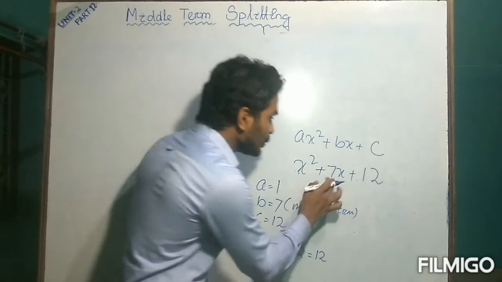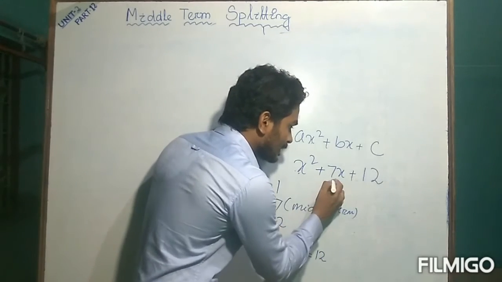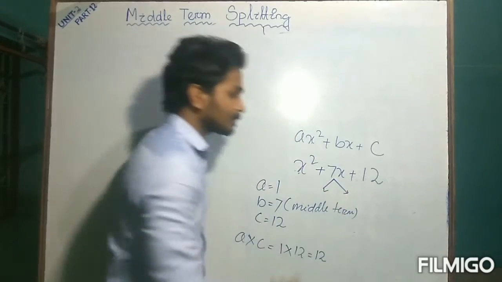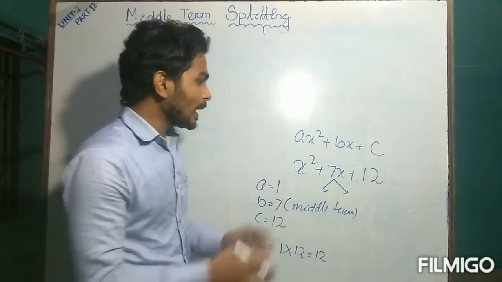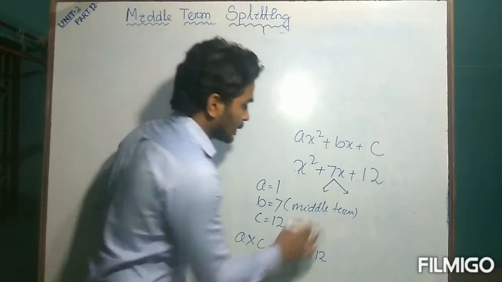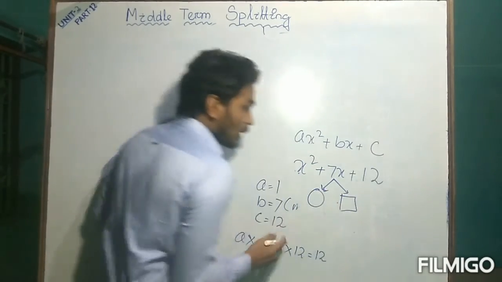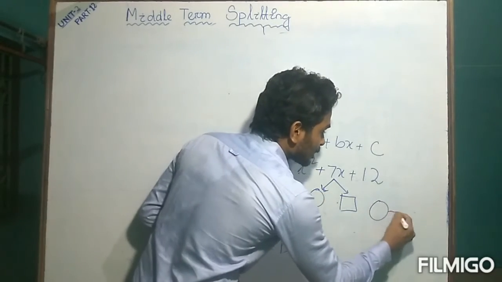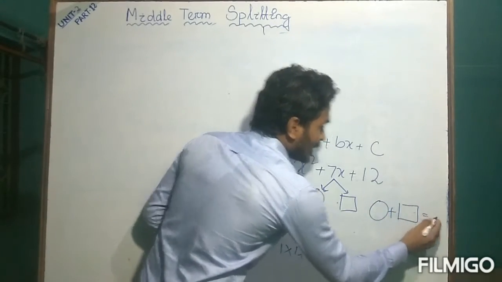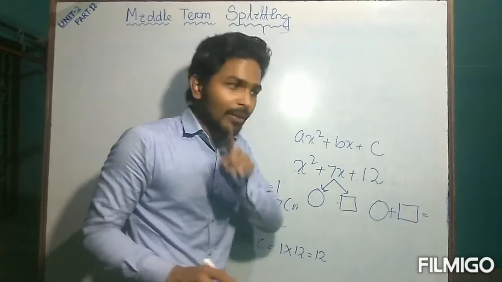So now we have to divide or break this 7 into two parts, so that whenever they are added, suppose I am writing this is a part and this is a part, whenever they are added, this plus this, it will give 7.